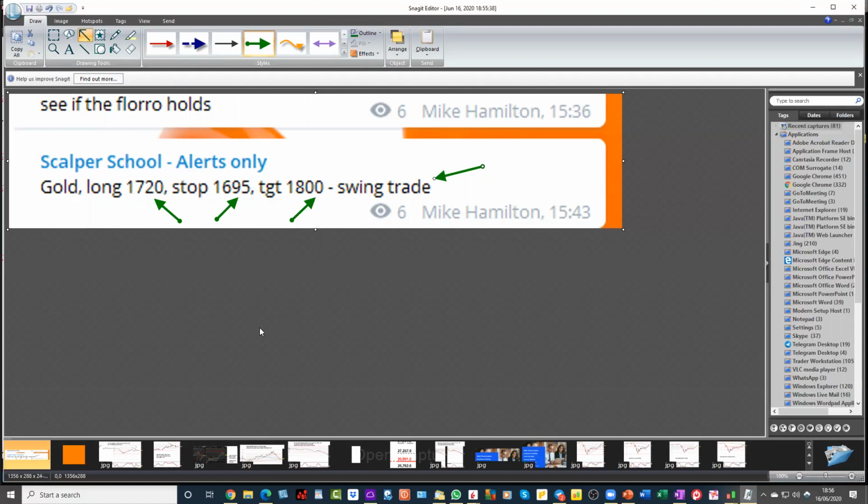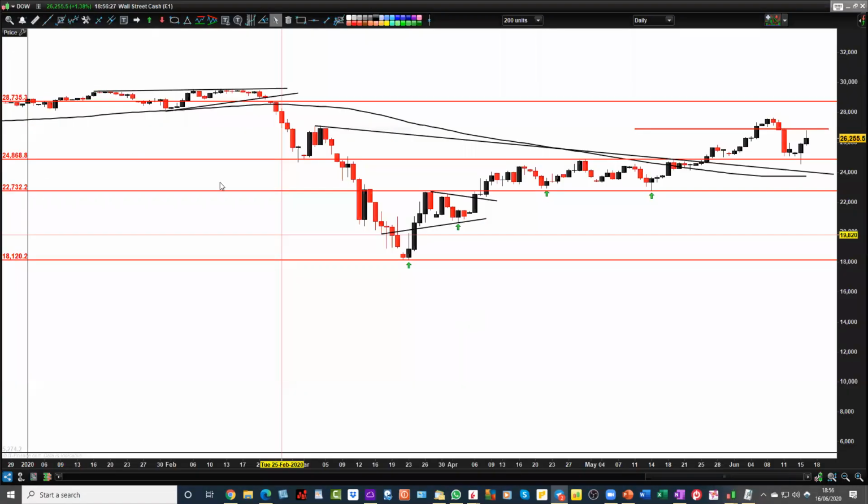I've been buying pullbacks in healthcare stocks this week, but that's typical of the alert room anyway. People end up taking a position based on this alert at whatever time it comes. And gold is currently $10 up from that alert, currently trading 1730.